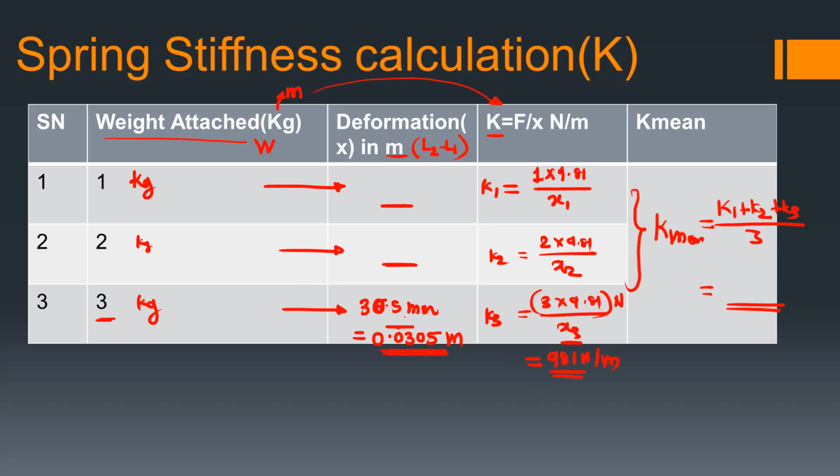Similarly, you can repeat the experiment so that we can find out the exact value. So take the weight 2 kg and 1 kg. I will change the weight now.